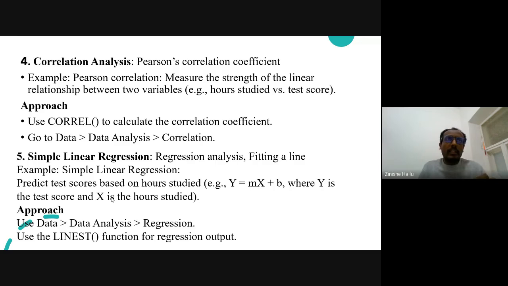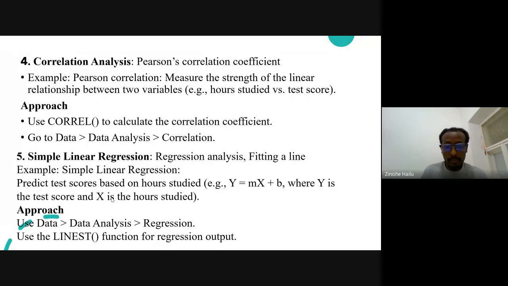If we want to look at the correlation between these variables, we can use the Pearson's correlation coefficient. This can be approached in two ways: one, using the CORREL function directly in Excel, or the second, with the data analysis tool to get this correlation. And the fifth part is the regression part.